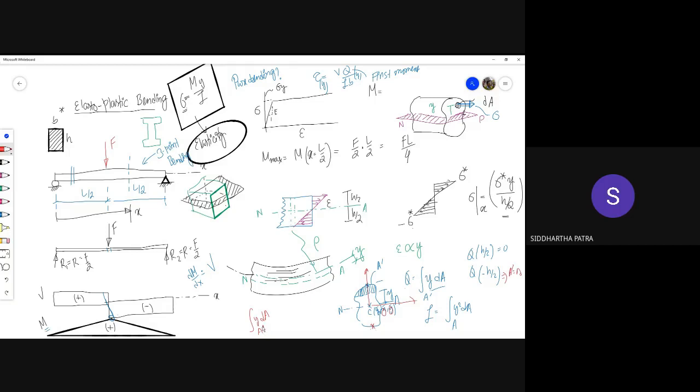So if you do this integration y dA over A, that basically is A times y bar. But please understand, this y is being considered with respect to the neutral axis, so this y bar is also with respect to the neutral axis. So this quantity is 0. This quantity again becomes 0 at the very bottom. It is maximum at the neutral axis.